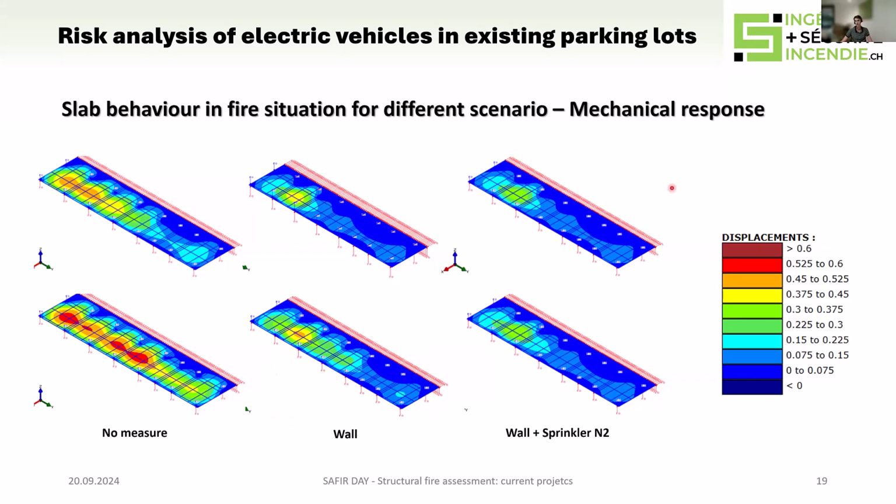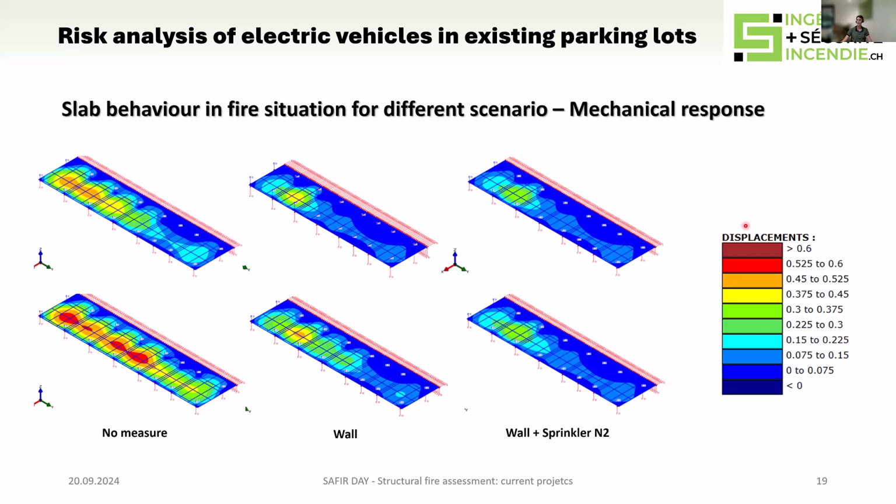So in terms of displacement, we can see the difference in behavior because without any measure after 60 minutes, we have very high displacement around 60 centimeters, which is not acceptable. With the wall, the results are quite good, but still high displacement with 40, 60 centimeters. And with sprinkler, we limit considerably the displacement.